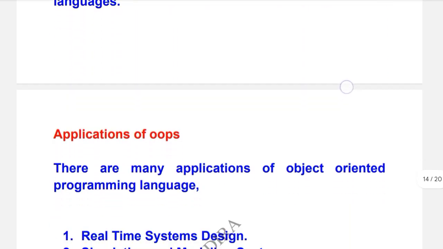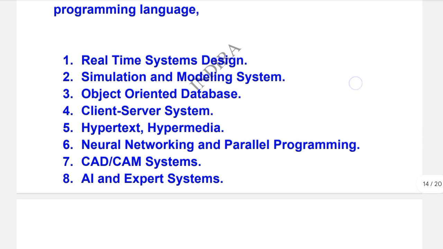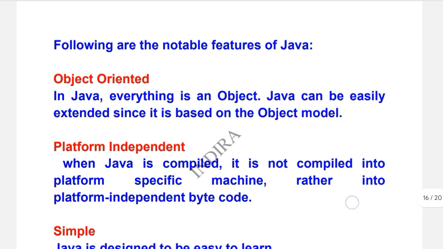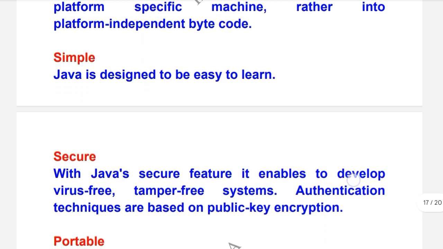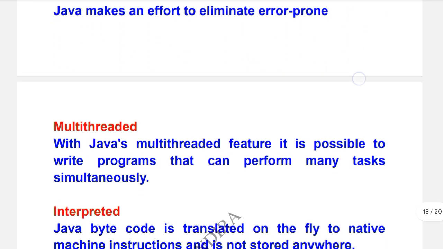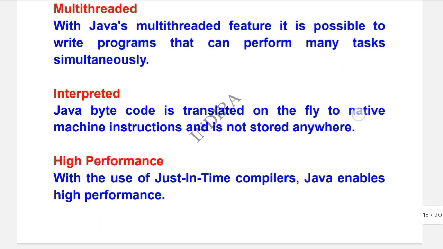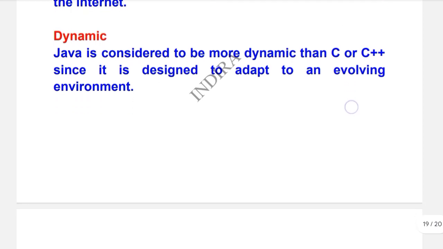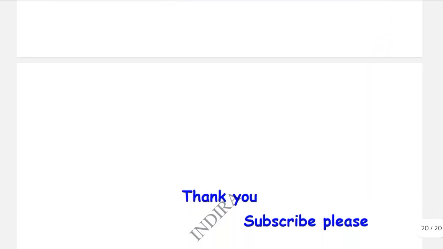Features of Java, definition of Java, and applications of OOPs, everything is completed in this part 1. So once again check all these topics. This is part 1 of unit 1 for BSc 4th sem students.